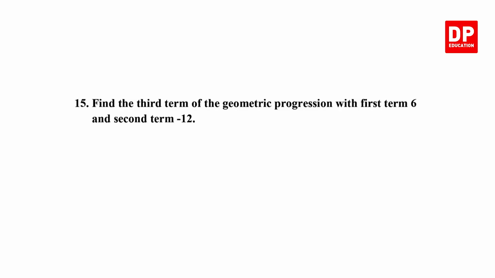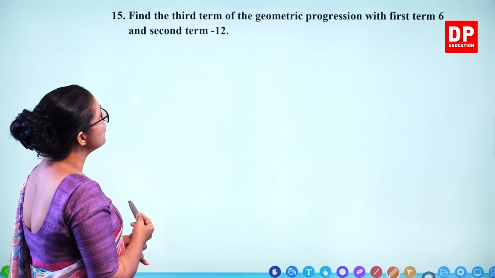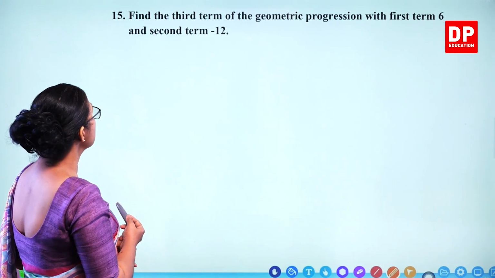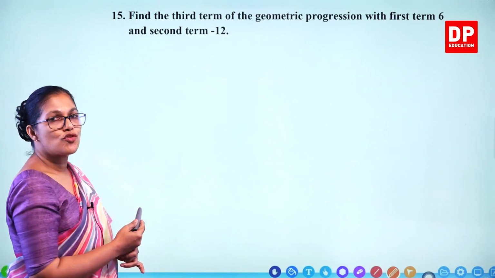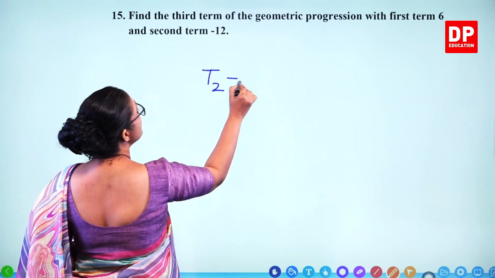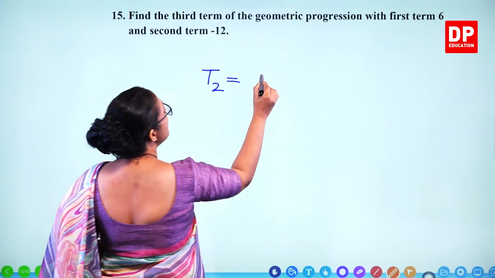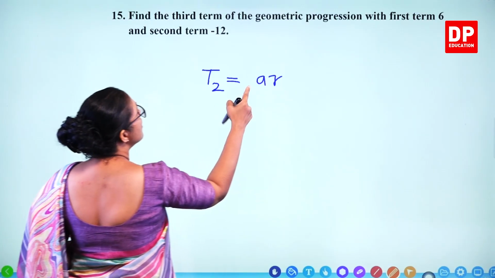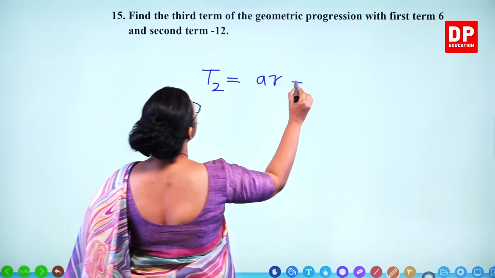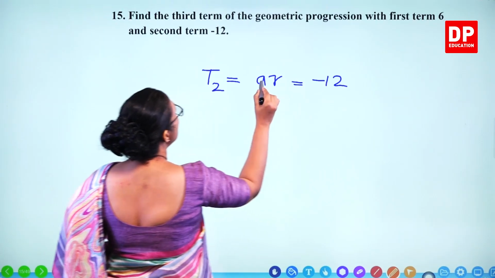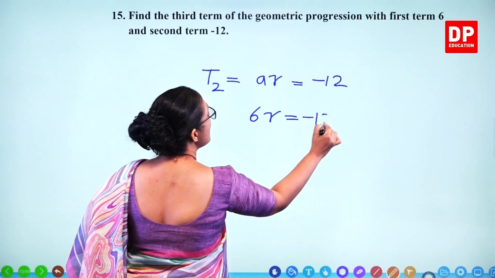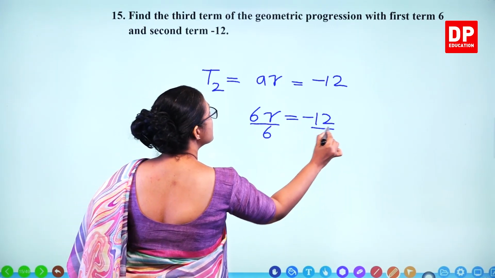Question number 15. Find the third term of the geometric progression with first term 6 and second term minus 12. What's the second term of a geometric progression? AR. A is the first term, R is the common ratio. That's equal to minus 12. First term is given 6. 6R is minus 12. Divide this by 6.